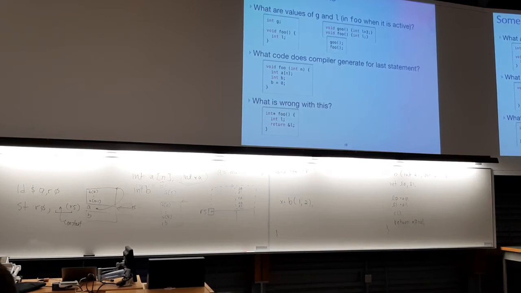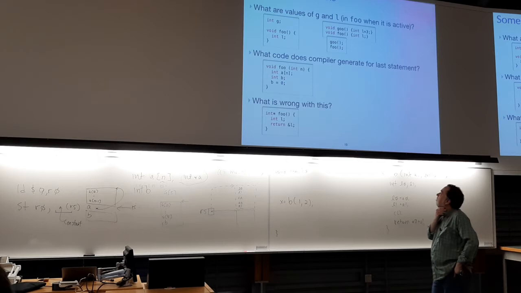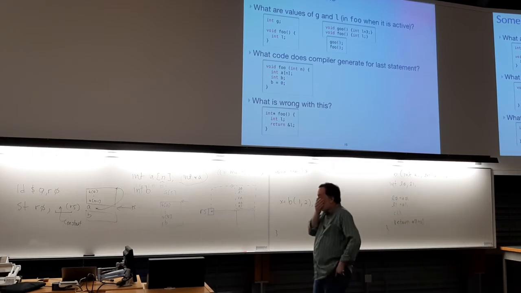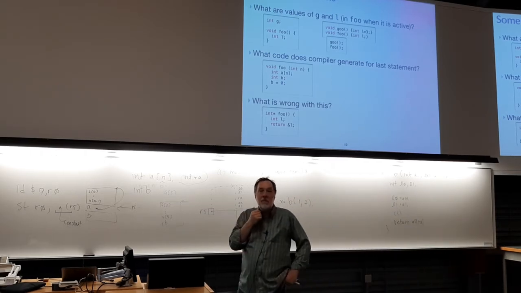So here I have, well, first of all, any other questions about this thing? So here's another question. I have a procedure that has a local variable, and this procedure returns the address of the local variable. Is that okay? Is it not okay? Give a name to that problem. Discuss that. Discuss it.